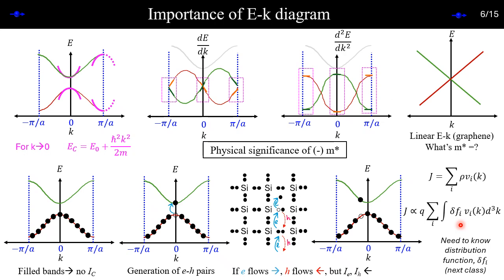Last, a concluding sentence. Instead of tracking negatively charged electrons with negative effective mass in the valence band, we can consider holes with positive charge.